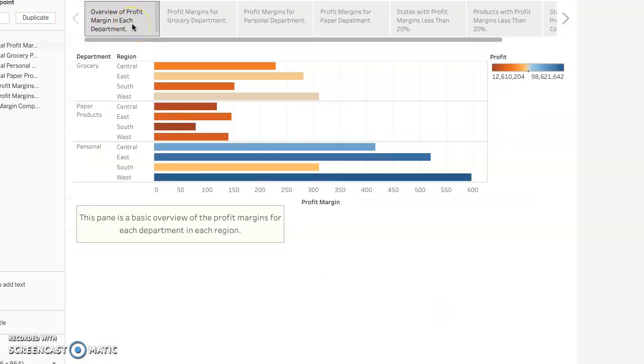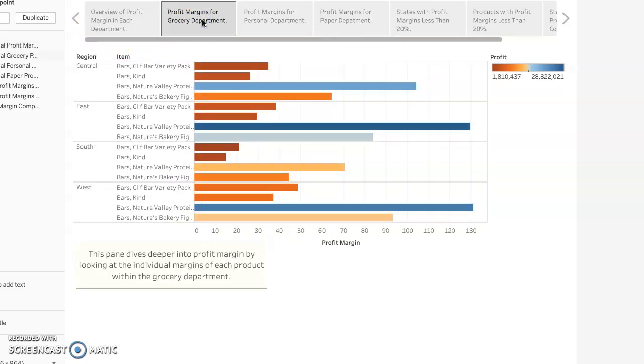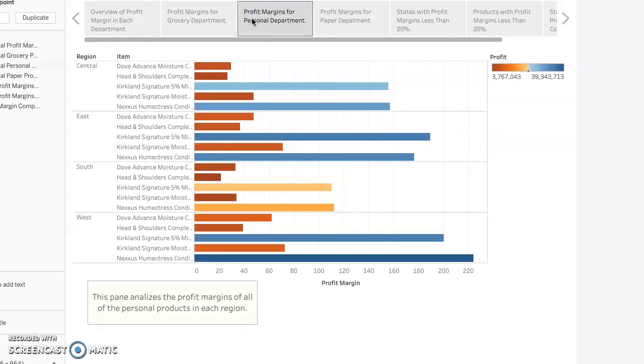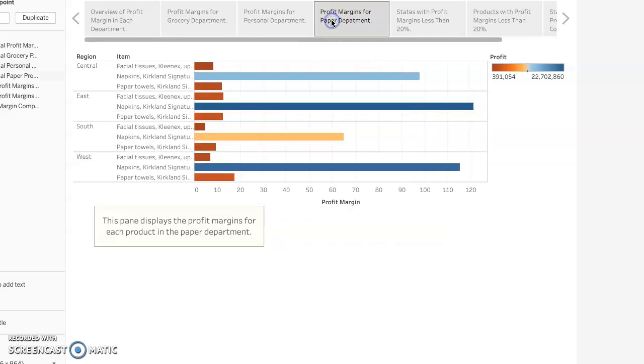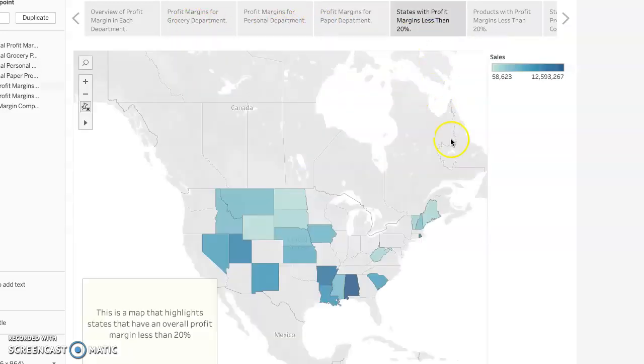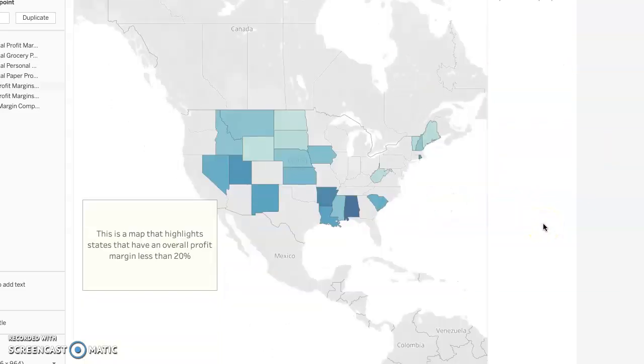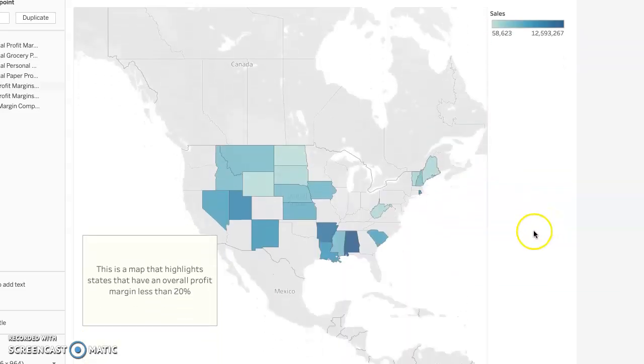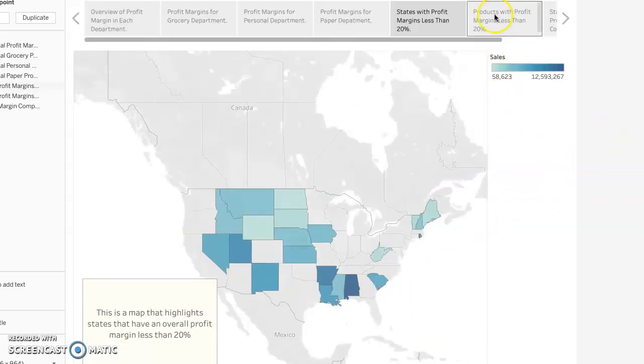And then for my story, I'll start from the beginning here. We start with our overview, which just gives you an overview of each department without going into too much depth. And then I have my 3 department slides here, where you start to get a picture of how each product is performing within that department and within the region. Those are these 3 middle slides here, and then we move to the state sheet, which shows you all of the states that have a profit margin less than 20%.